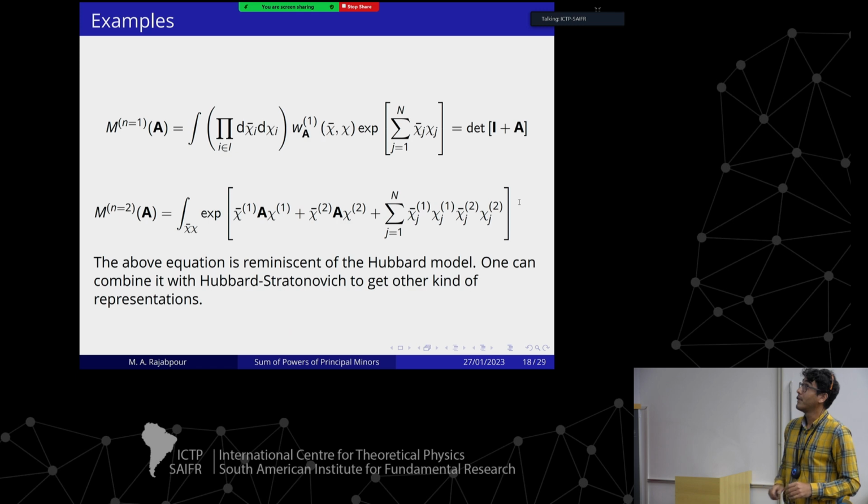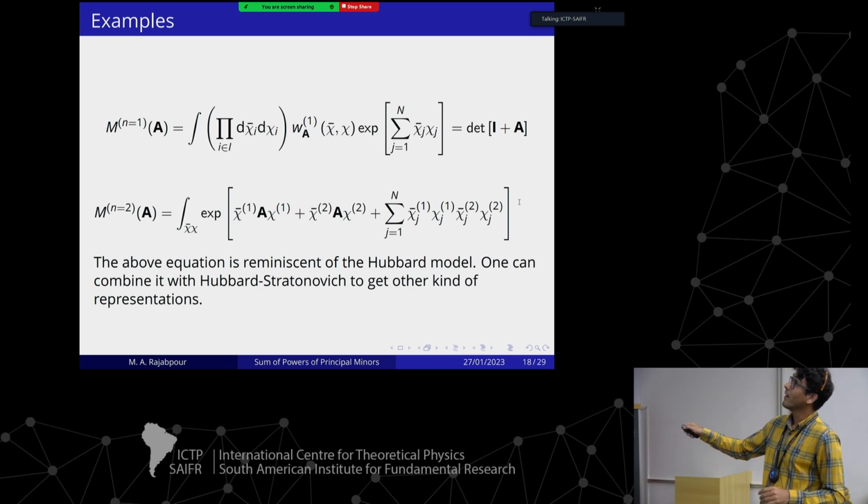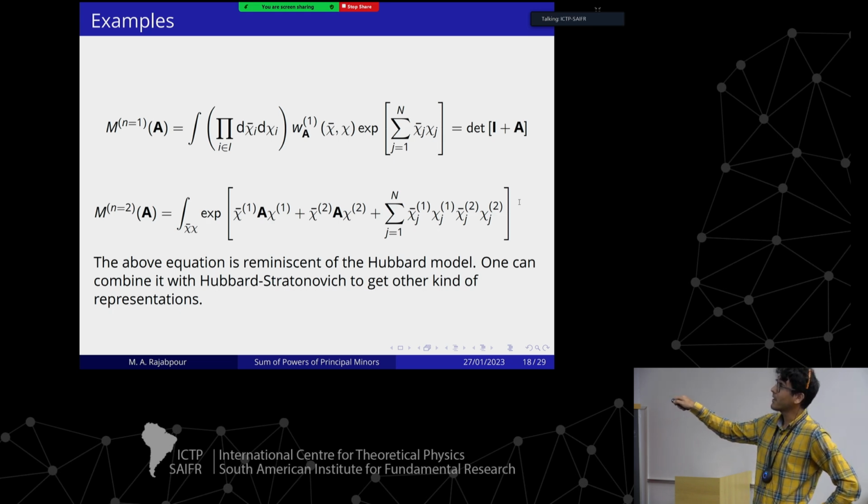Okay, so let me give you an example. If n is equal to 1, then that interaction, that coupling part, is just like this. And this is a simple integration. Everybody knows it. And this is the determinant of I plus A. Now, if I have n equal to 2, then I can rewrite the things that I wrote for you like this. I have one copy of these Grassmann variables here, another one here, and they are coupled like this.